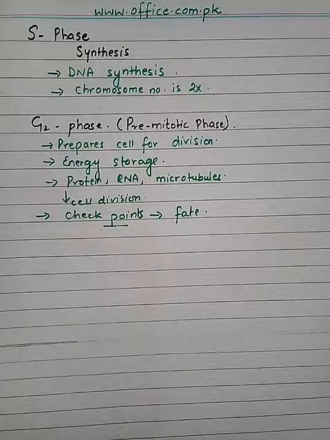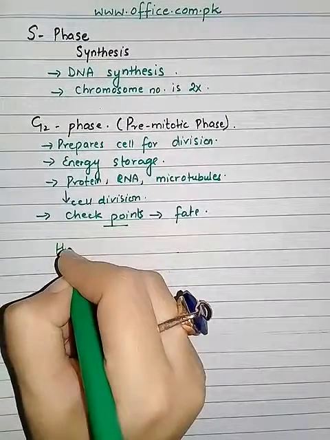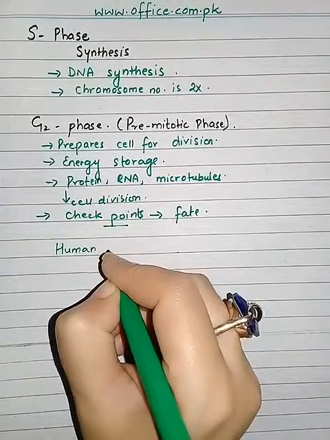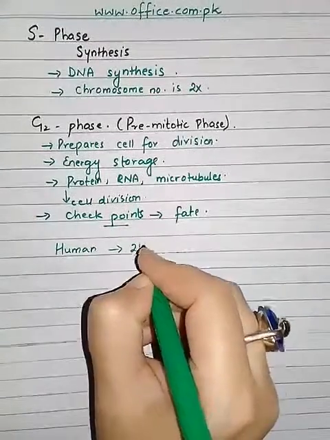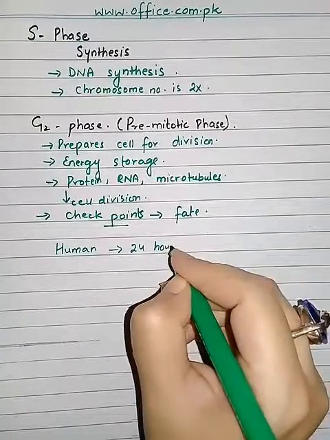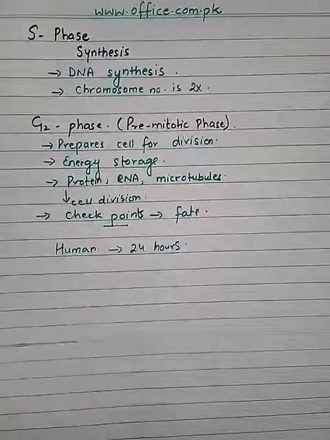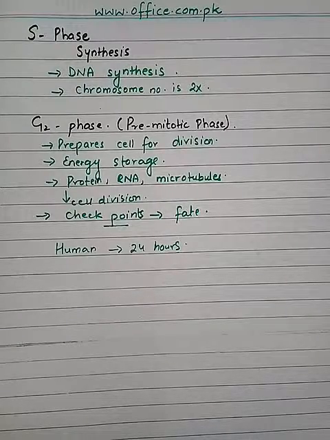The length of each phase is variable, and in the case of a human cell, the average cell cycle is about 24 hours. The human cell cycle is completed in 24 hours on average. Mitosis takes about 30 minutes.